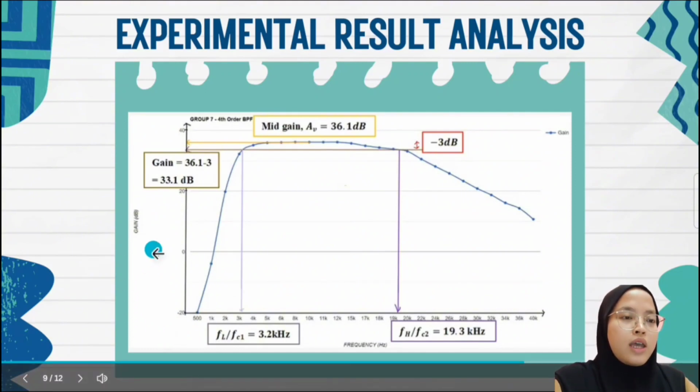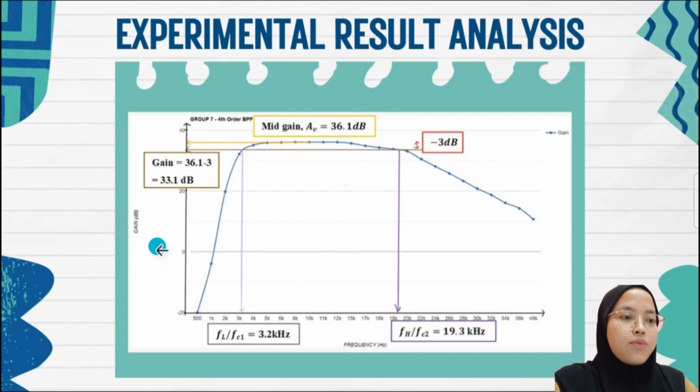As we can see from this graph, the mid gain is equal to 36.1 dB. After we subtract 3 dB from the mid gain, we get the new gain value, which is 33.1 dB.